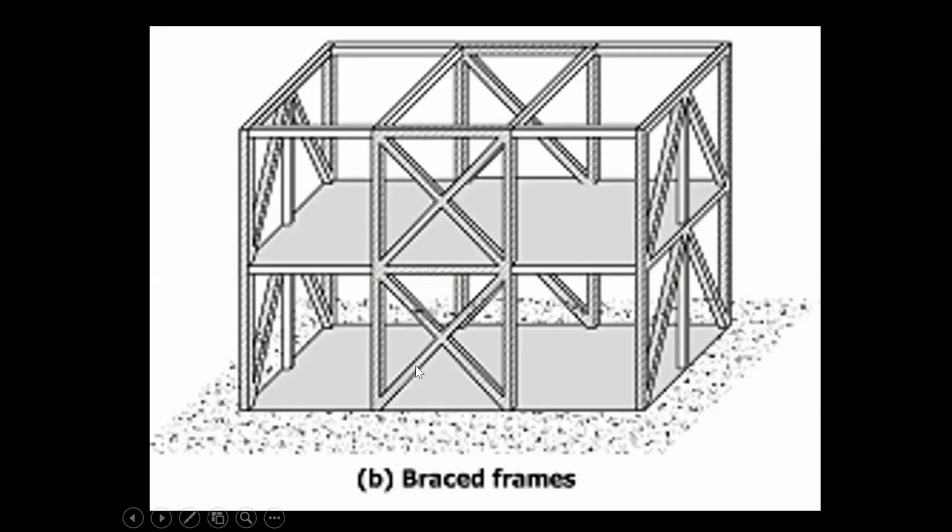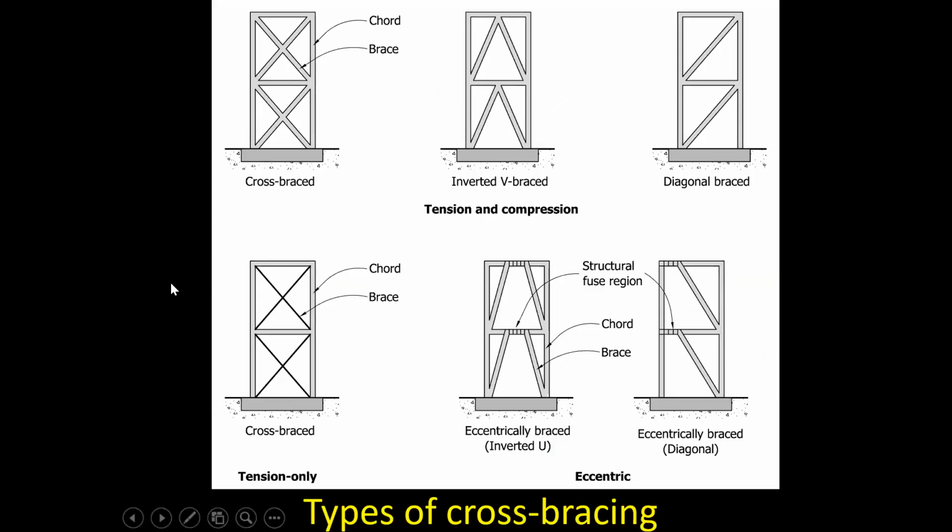Then in a wide span structure, you can choose braced frames where your frames are triangulated to give resistance against horizontal loads. In a wide span structure, you can have any configuration, any layout of triangulated cross-braced frames.